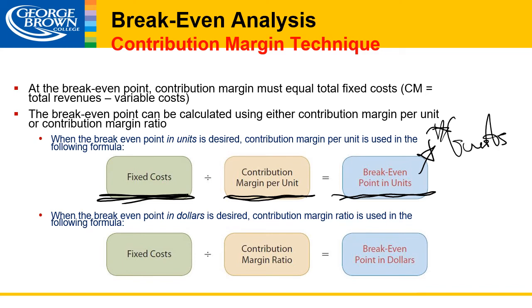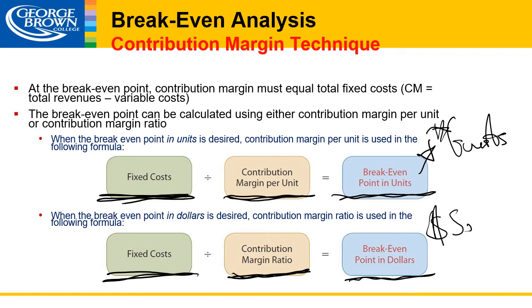On the other hand, if we want to find the break-even point in sales, we again take our fixed costs, and instead of dividing it by our contribution margin per unit, we divide it by our contribution margin ratio, or contribution rate, which is our contribution margin as a percentage of sales. If we do the math here, very quick math, it gives us our break-even point in dollars. So this is the dollar sales needed to break even.